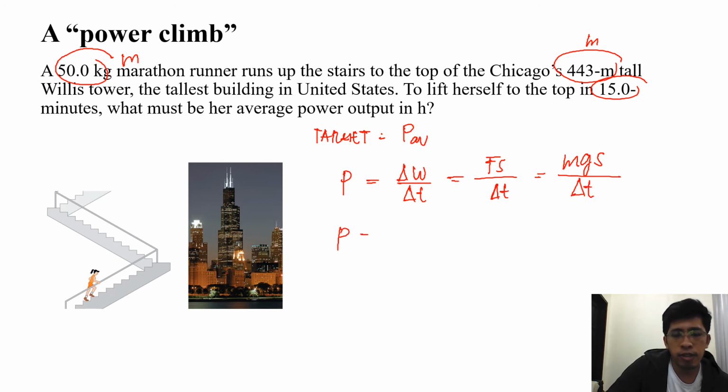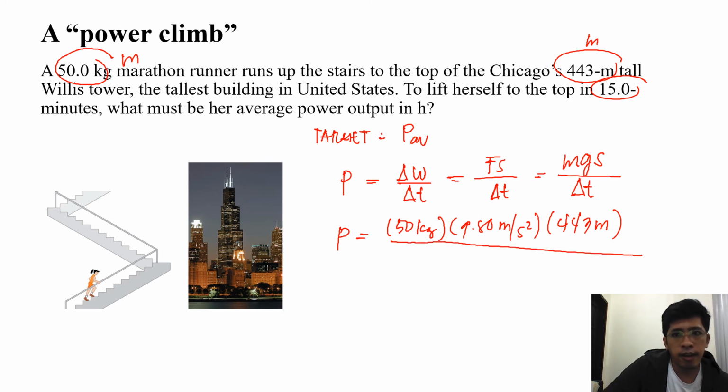So your power is equal to 50 kilograms times 9.8 meters per second squared times your s, 443 meters, divided by 15 minutes. But your power is in joules per second, so convert the 15 minutes, where 1 minute is 60 seconds.